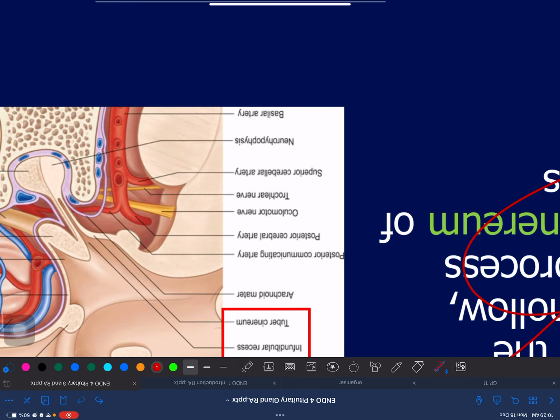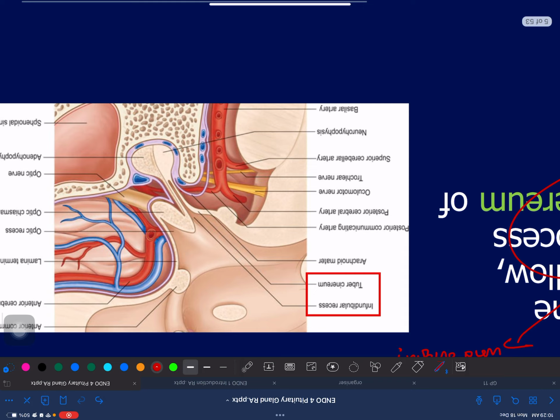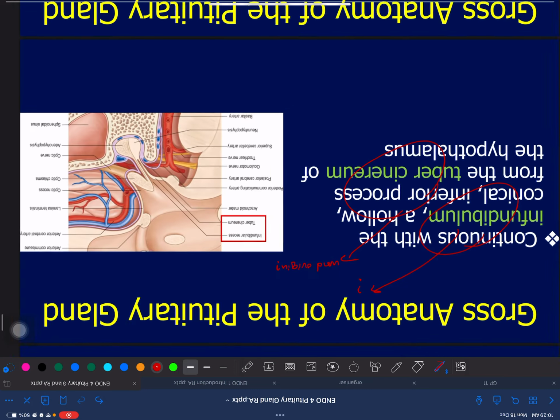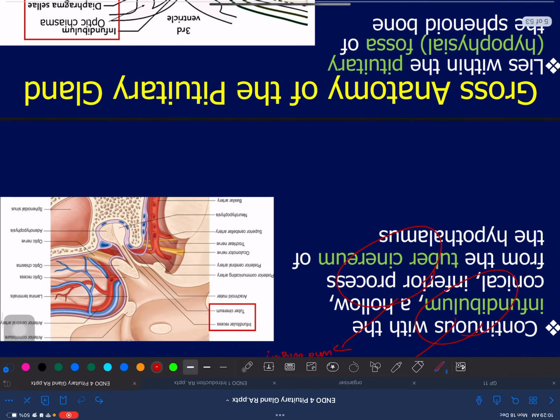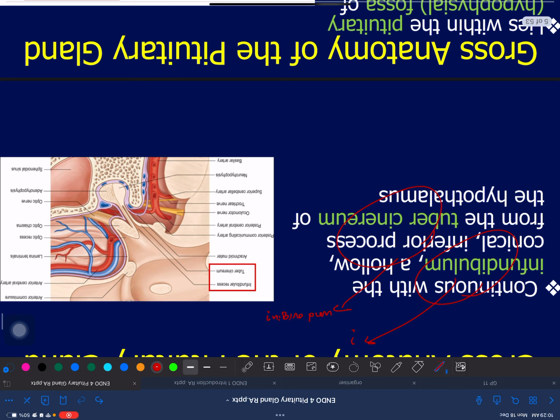One of the parts is called the tuber cinereum. So this is the hypothalamus here. Alright, dia ada connection to the pituitary gland. So from the tuber cinereum of the hypothalamus it connects with the infundibulum of the pituitary gland.